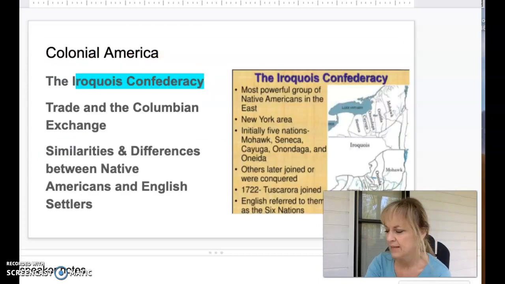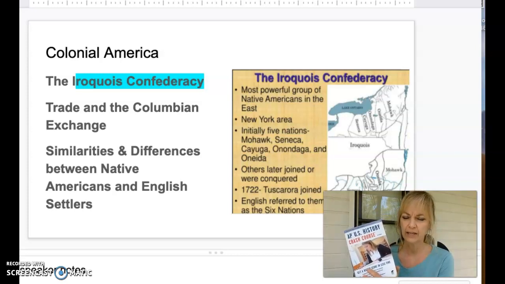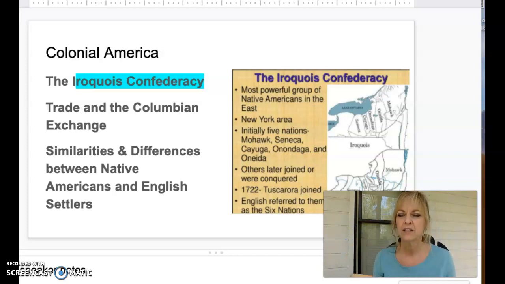All right, now let's move on to colonial America. The first thing that the Crash Course book, and this is the book I'm referring to, and you're going to have a link to a PDF version of it, is what this PowerPoint was made from and what we use for review.